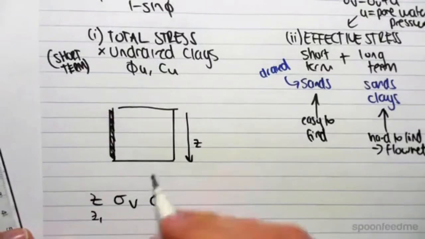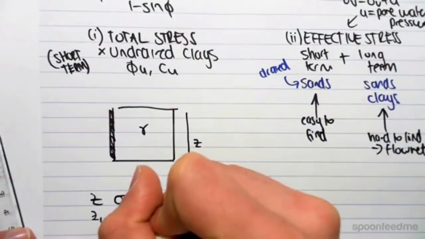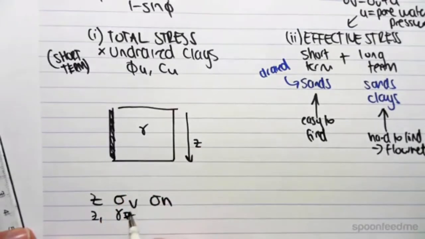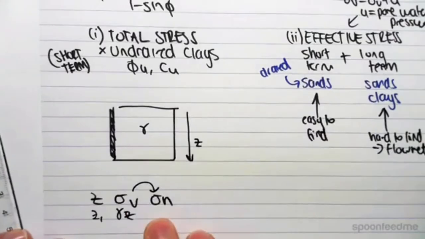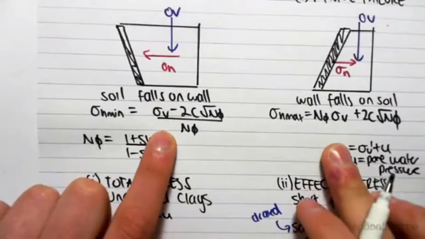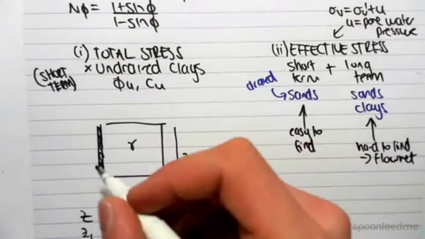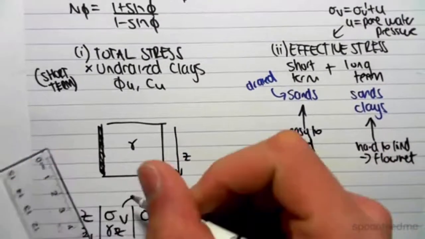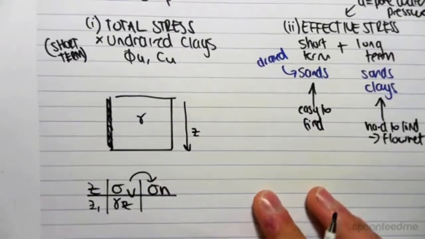We could then find sigma V, say this is gamma, it would be gamma Z, and that would give us the vertical stress, and then we can go from the vertical stress to the horizontal stress using either this formula or this formula, depending on whether it is an active or passive failure. So that would be for a total stress analysis. So we just need to set up that table. And we might have multiple layers, so there might be more rows to this table.